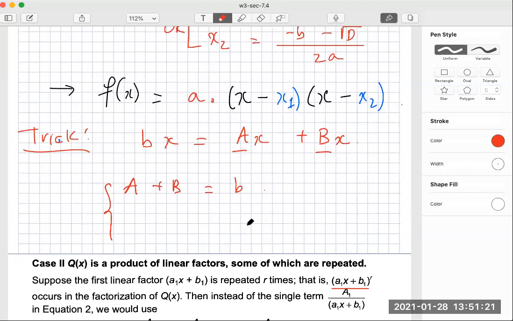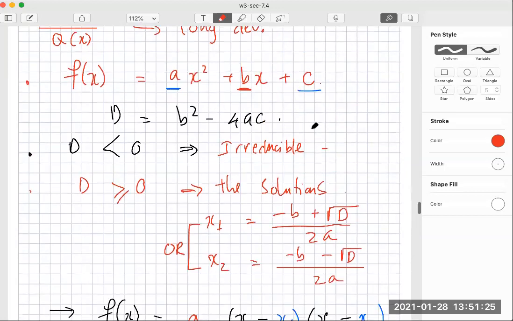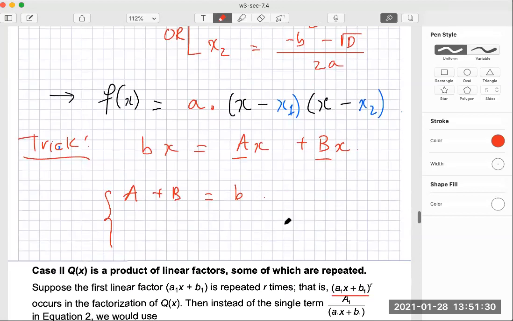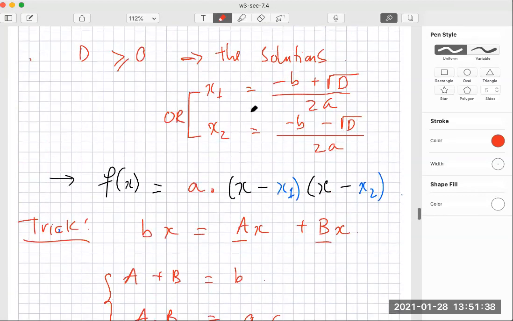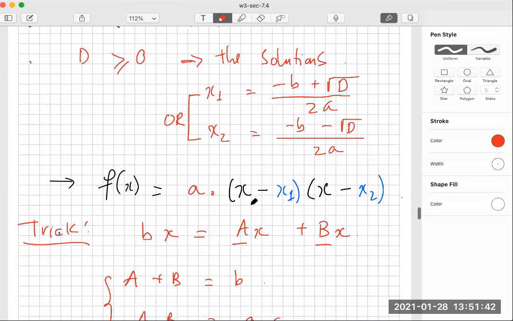Yeah, the secret is their multiplication is A times C, right? Okay. Double check it.